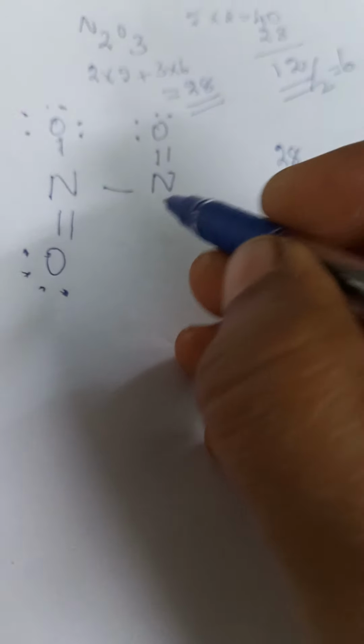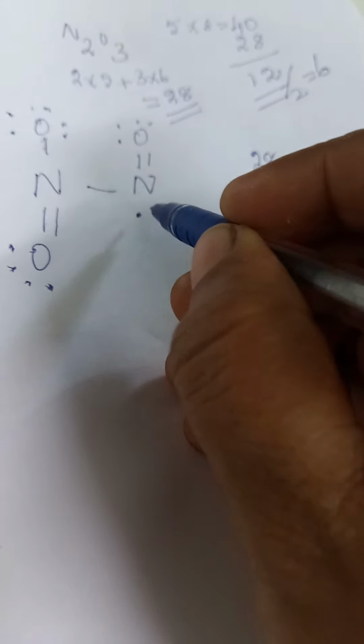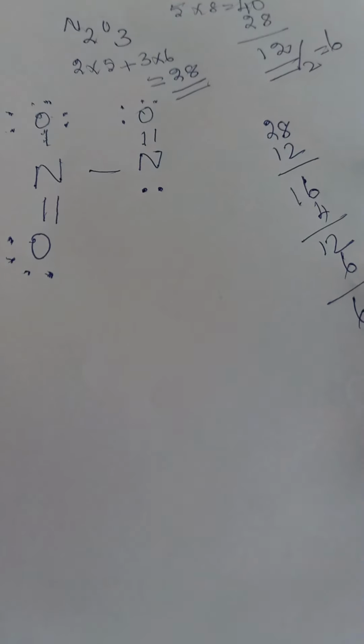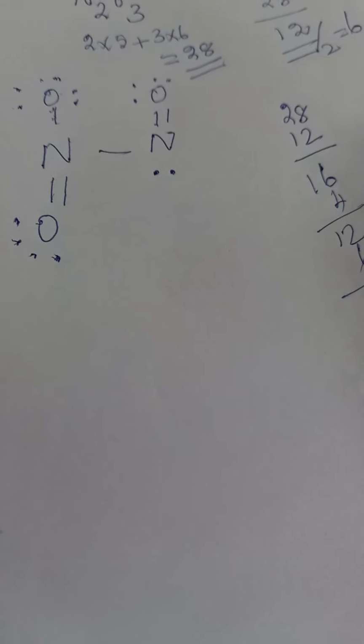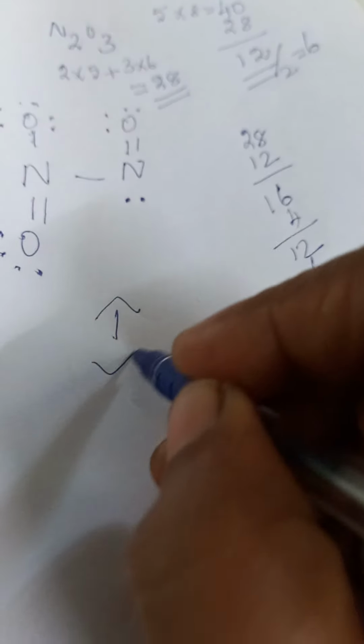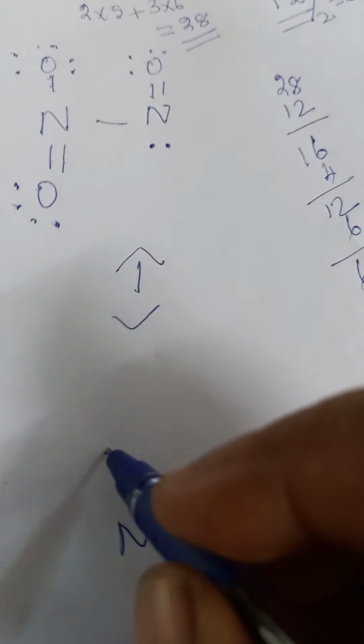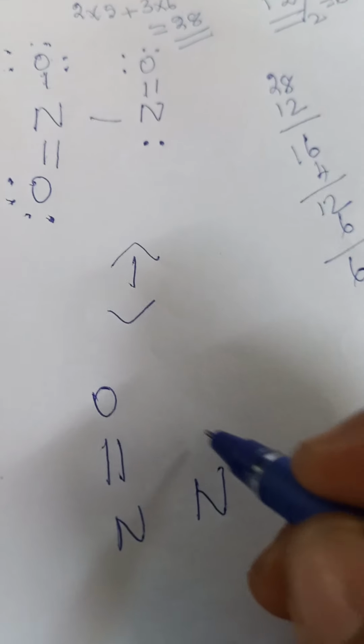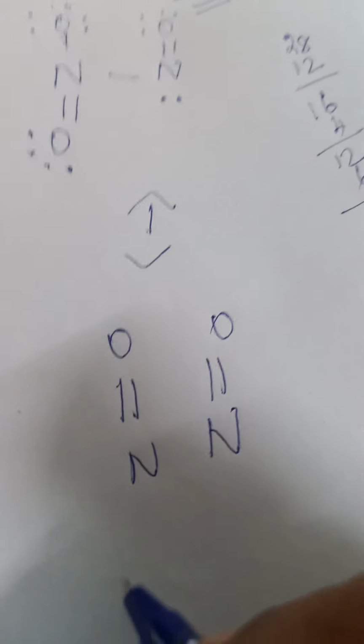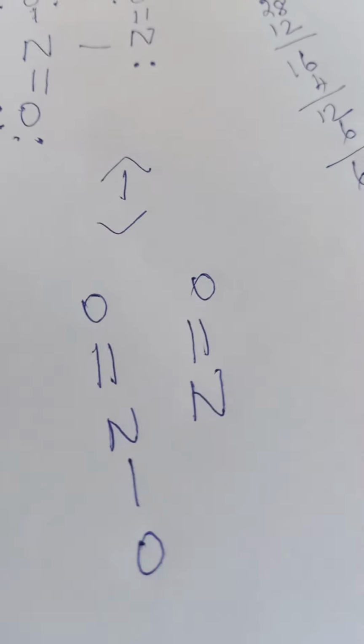2, where can we place it? We can place it on this nitrogen. 2, nitrogen. So Lewis dot structure, resonance, N double bond N. Here also we can write as double bond O, here single bond O. This way also you can write. Here single bond.